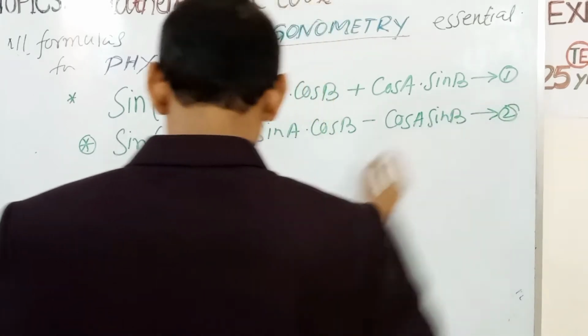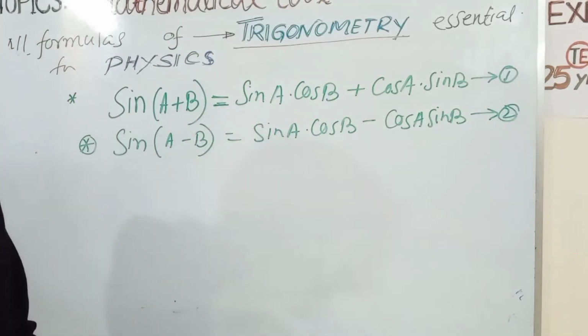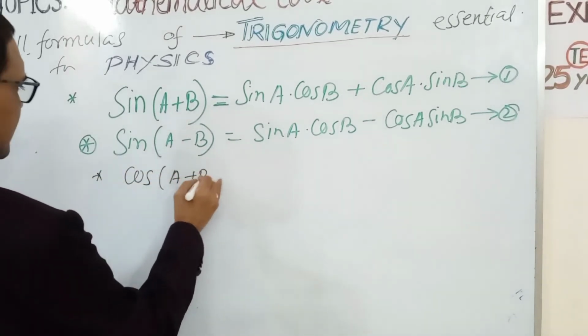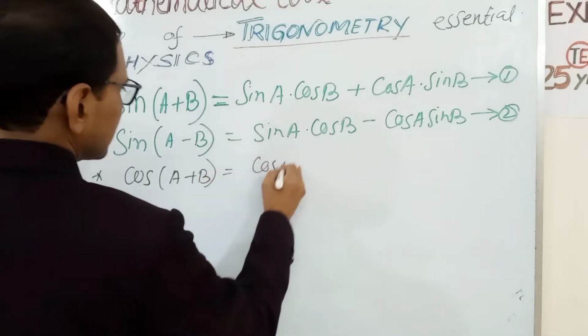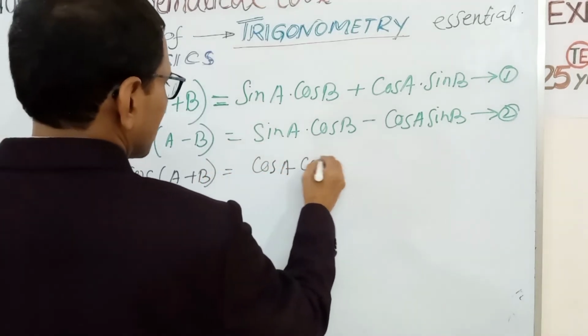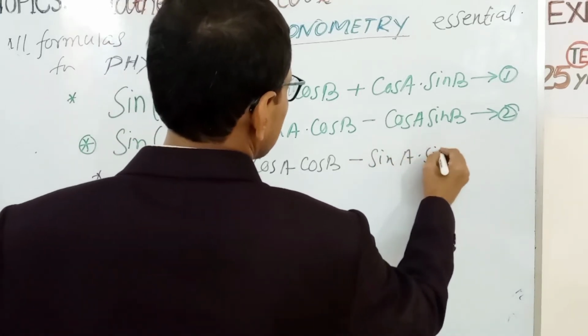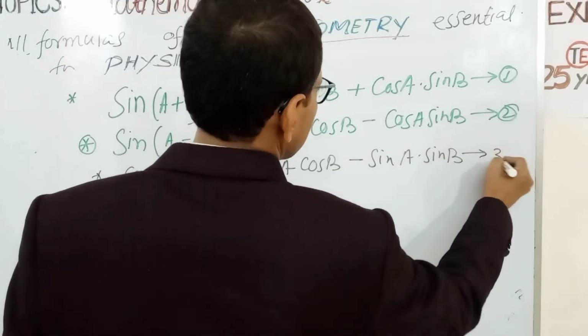This is 2. Now the next formula is cos of a plus b equals cos a cos b minus sin a sin b. This is 3.